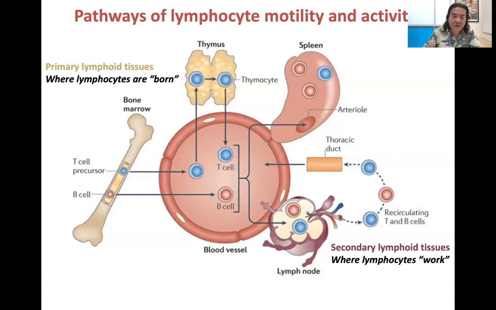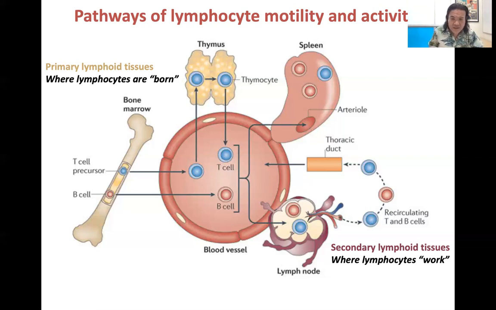All right, so this idea of passing between the lymph system and the blood, I think it begs the question, right? Why do lymphocytes like T cells and B cells need to go through the lymph system to places like lymph nodes in order to really do their work?